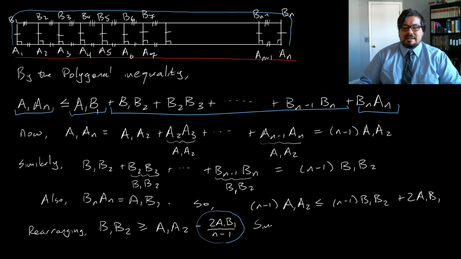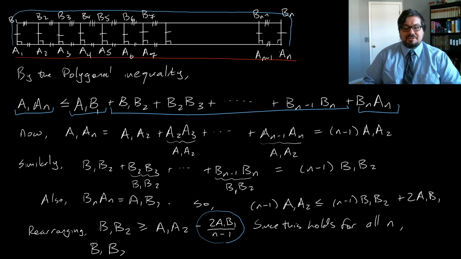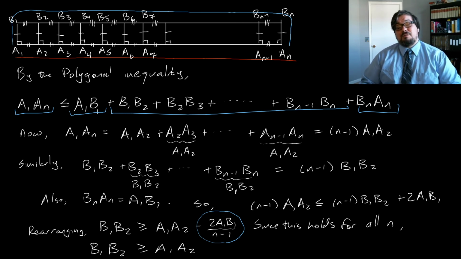So we can say, since this holds for all n, we have that B1, B2 has to be greater than or equal to A1, A2. Because if it were any less, then eventually the expression on the right, A1, A2 minus 2A1, B1 over n minus 1, would eventually be larger than it.